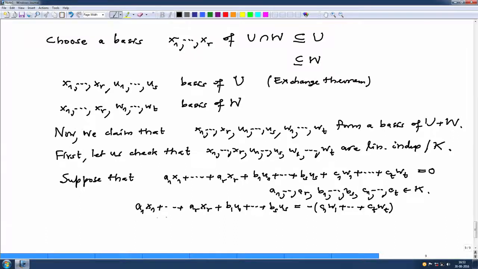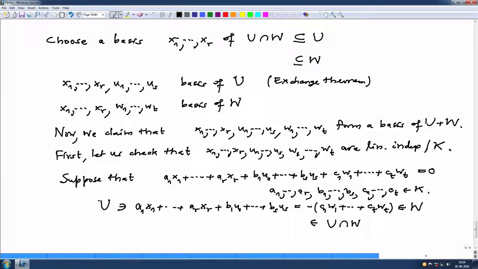Now, left hand side belongs to u, since x1 to xr, u1 to us is a basis of u. The right hand side belongs to w, and they are equal. So, that means they belong to u intersection w. That means I can write this as a linear combination of x1 to xr.